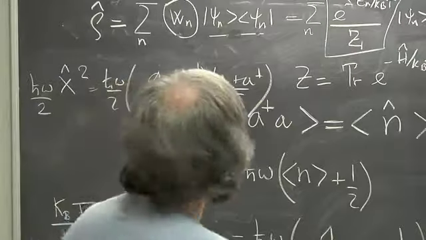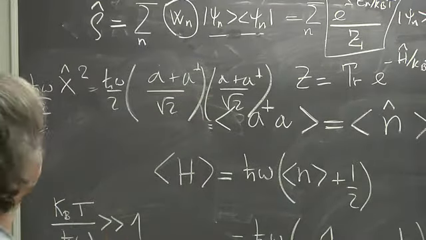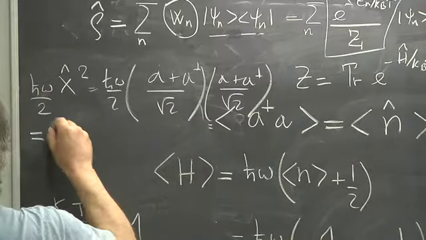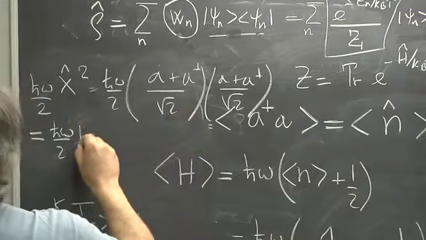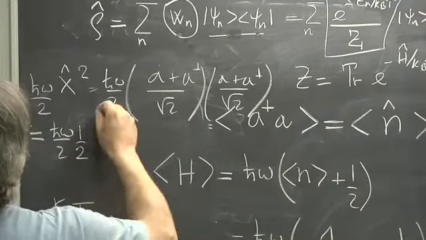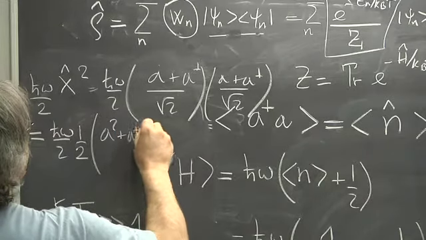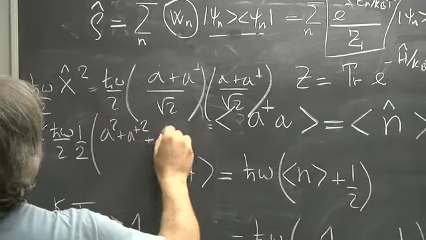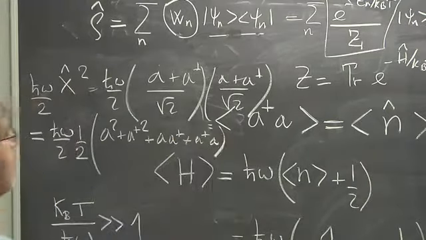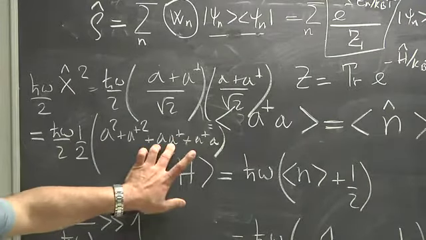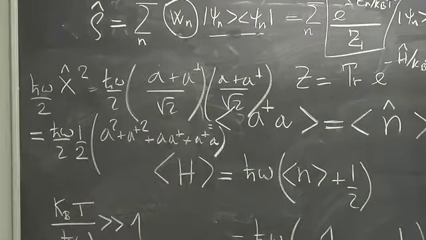Now, when I expand the square, I have 4 terms, okay? So let me write it. We have done it several times. There is a 1 over 2 from the square roots. Then I have A square plus A dagger square plus A A dagger plus A dagger A, okay? But you know that A A dagger and A dagger A are very related by the commutator.